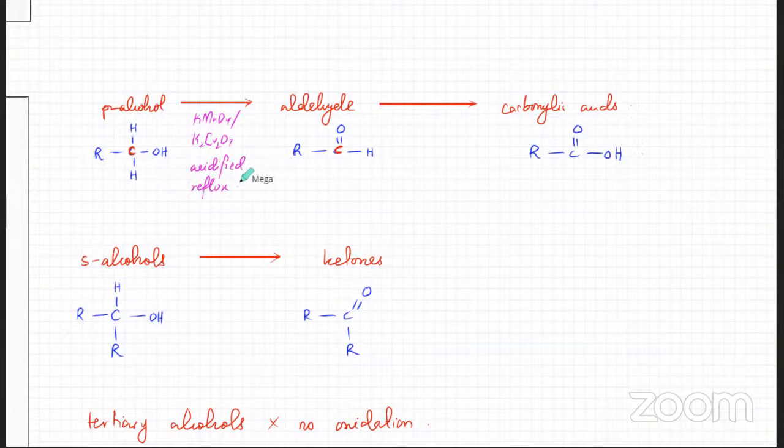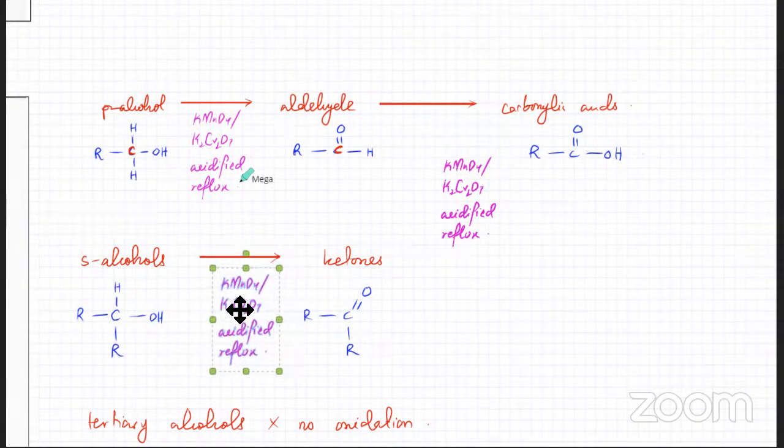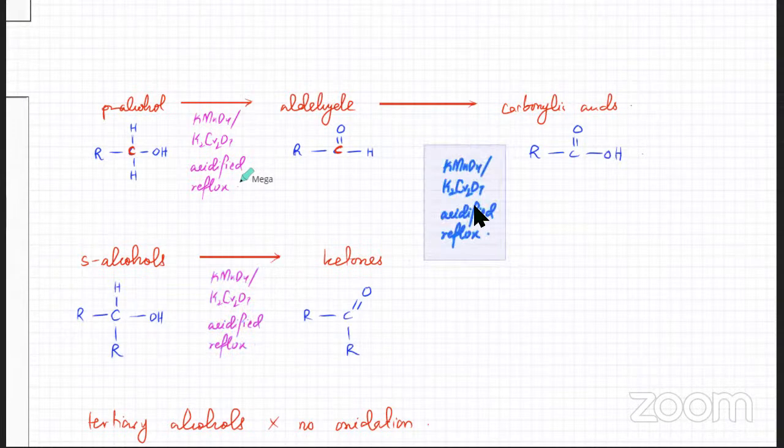Those are your conditions for oxidation, and we can copy and paste those conditions because they could be used for all of these oxidations. So for all of them, the same conditions can be used.